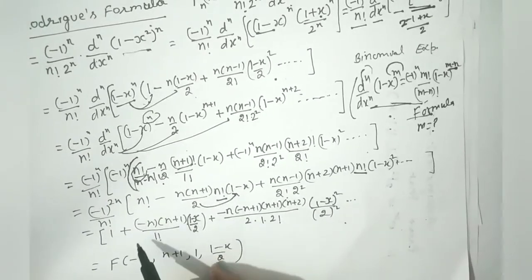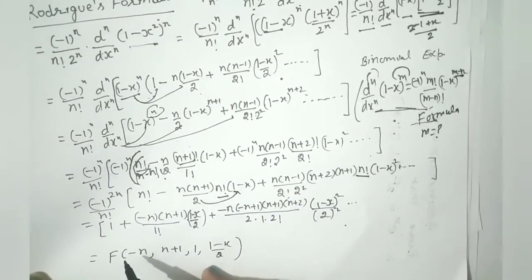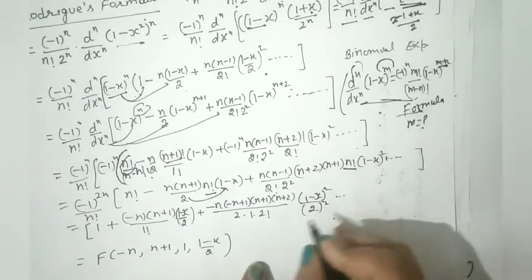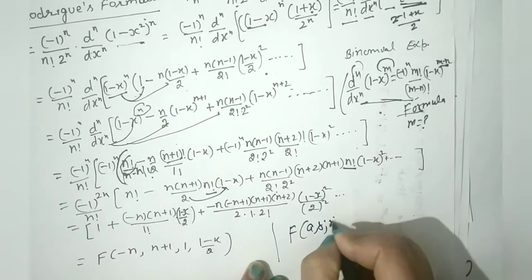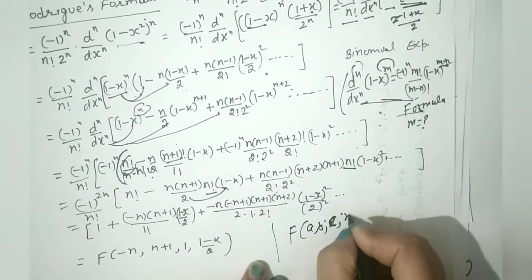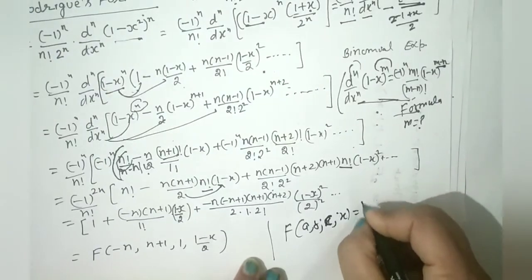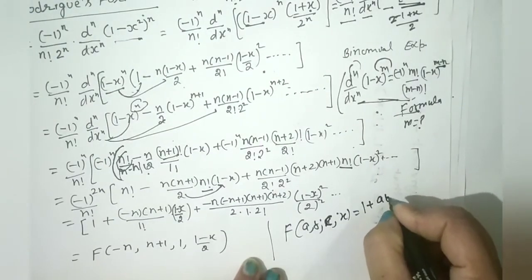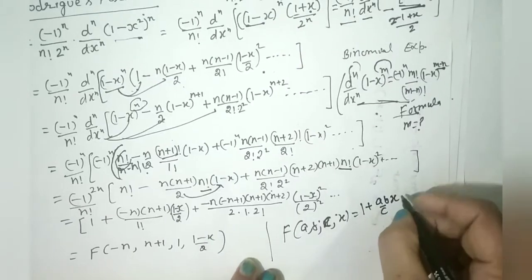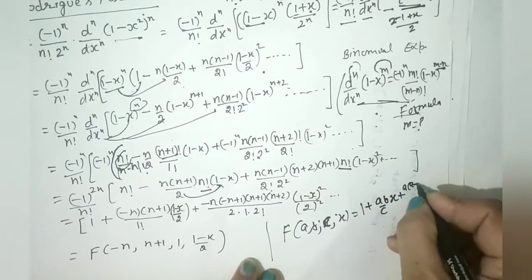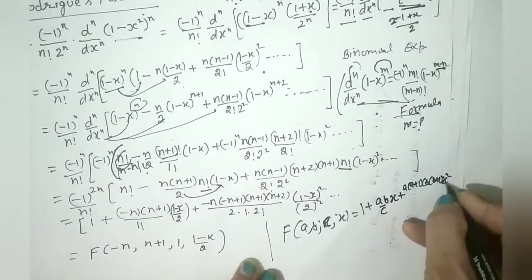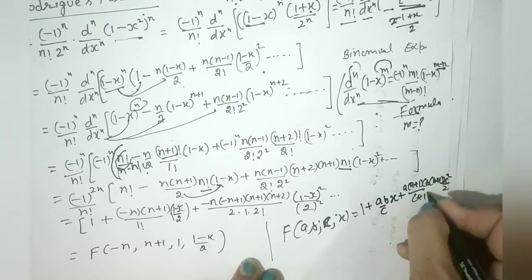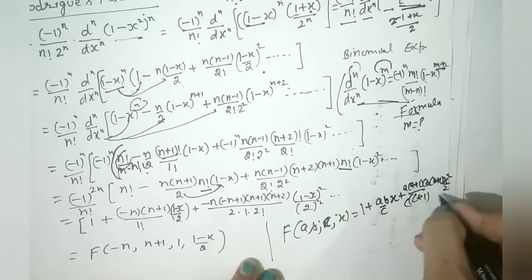So you can see this is the value of the hypergeometric function F(minus n, n plus 1; 1; (1 minus x)/2), because the definition of the hypergeometric function, a comma b semicolon c, and x, is 1 plus a into b upon c into x. Then we have a into (a plus 1), b into (b plus 1) into x square by 2 upon c into (c plus 1), 2 factorial.